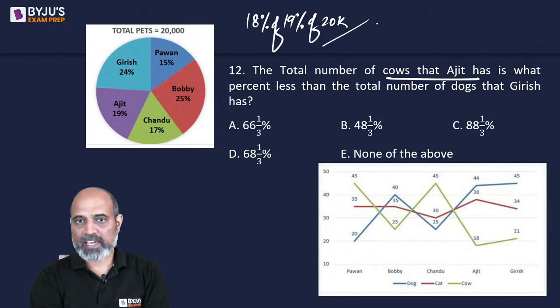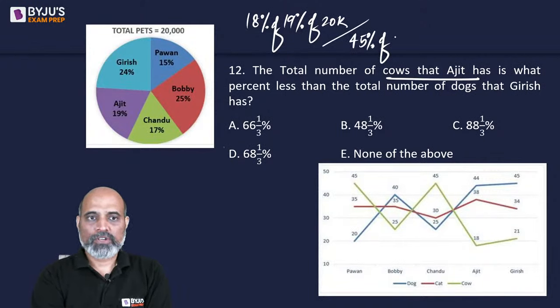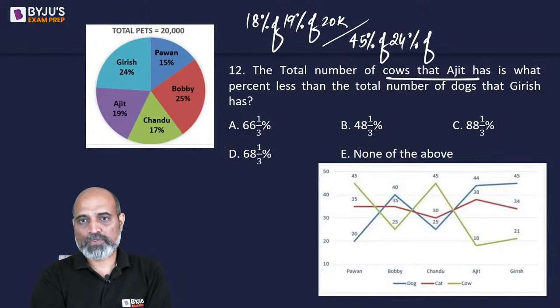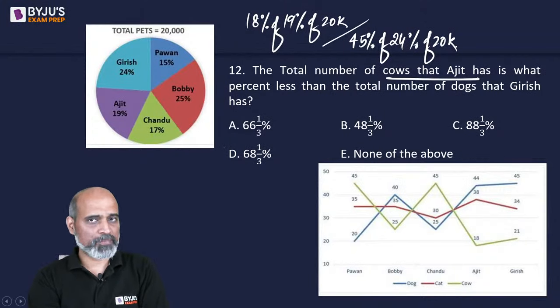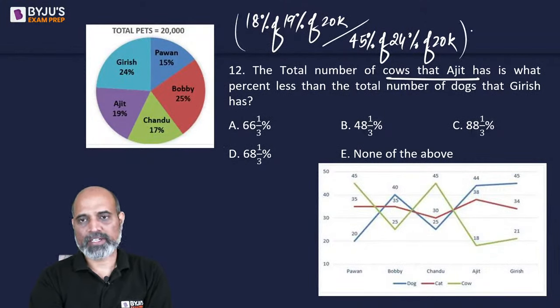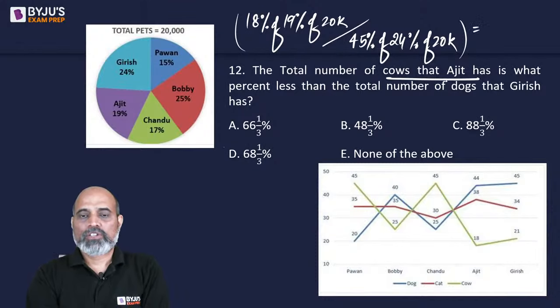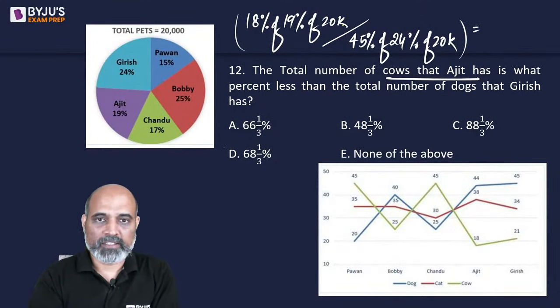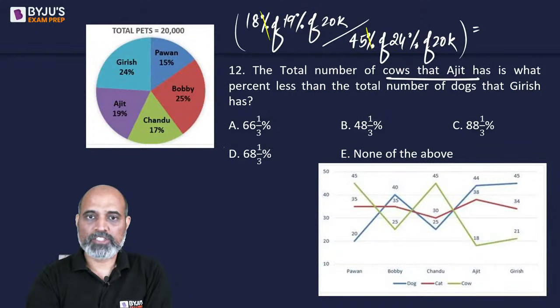So Girish has 45% of 24% of 20,000. So this is the percentage that we are trying to calculate, right? तो अब common चीजें हटा देते हैं. So पहले तो percentage pairs will cancel out. Next 20,000 will cancel out.